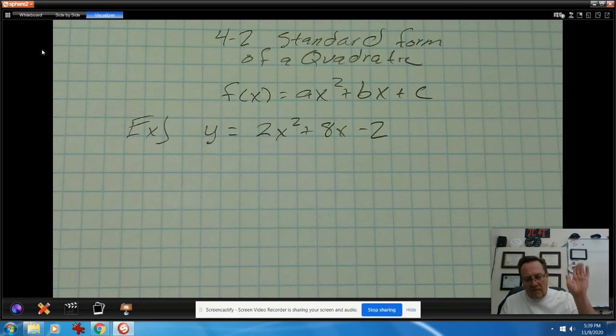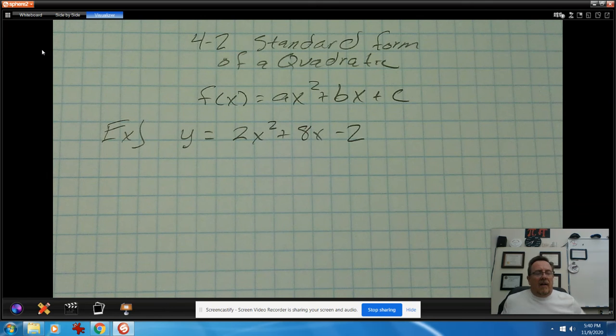Even way back when they were making trebuchets, they wanted to know where the thing was going to land once they shot it. And so they would take out their ballistic table, which was calculated by mathematicians using quadratics, just like you're going to start using here. And they could tell you where that object they launched was going to fall.